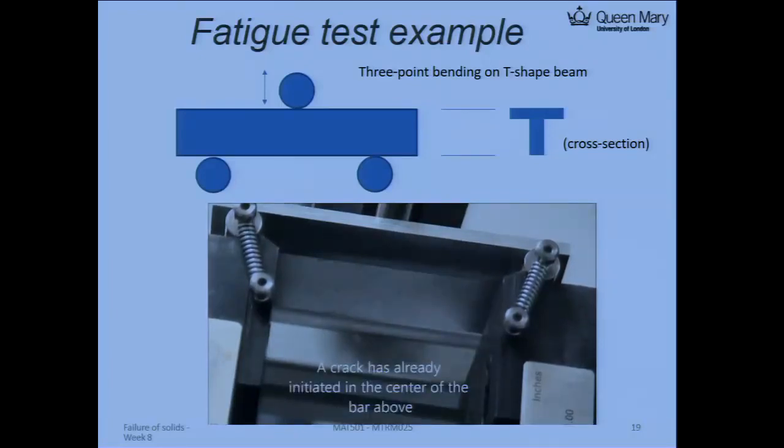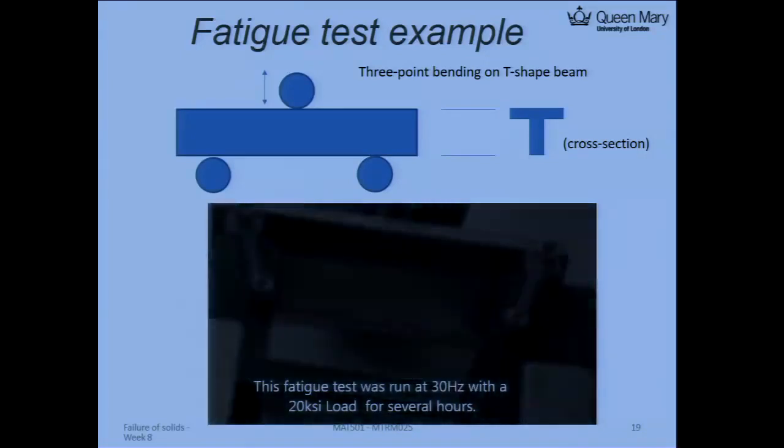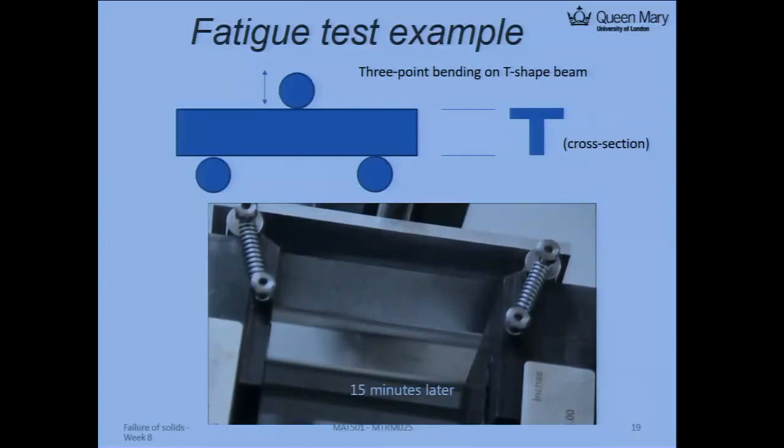So a crack has already initiated, but you couldn't see that. That's the bending force. The fatigue test was run at 30 hertz with a 20 kilohertz load. And 15 minutes later, they compressed the video to show the crack initiation. You can see the vibration. That's basically you apply that load very quickly. So a microscopic crack could happen much earlier.